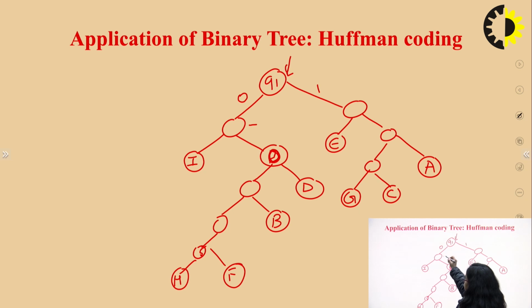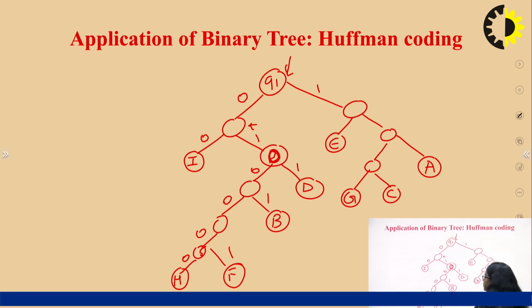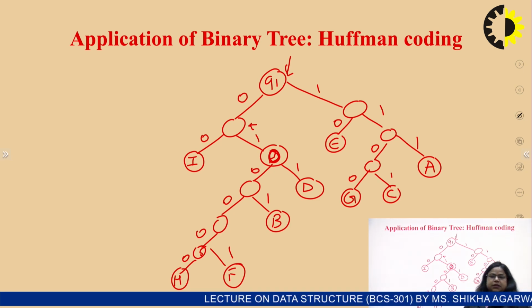Again, at each root node we write 0, 1, 0, 1, and so on. This is the way you again and again write the 0 and 1.